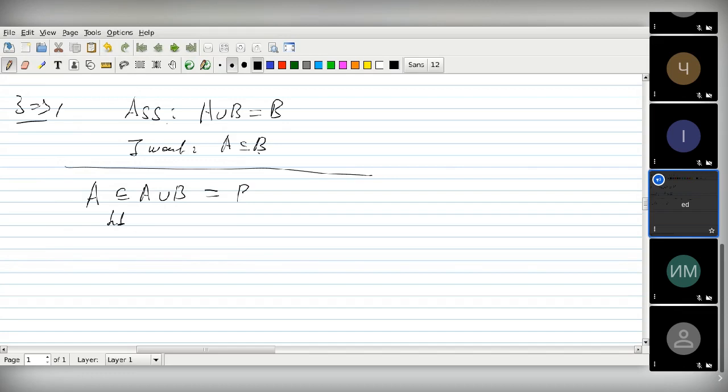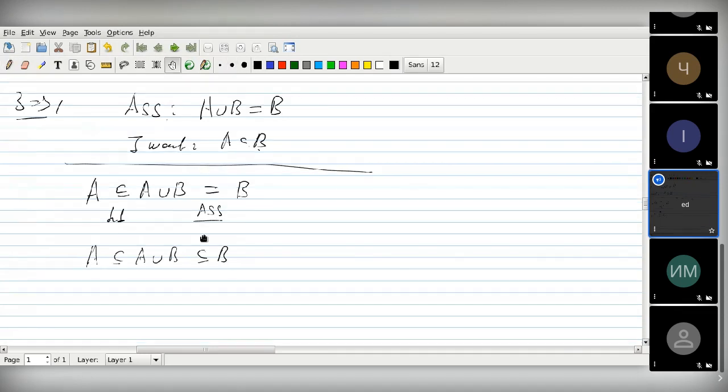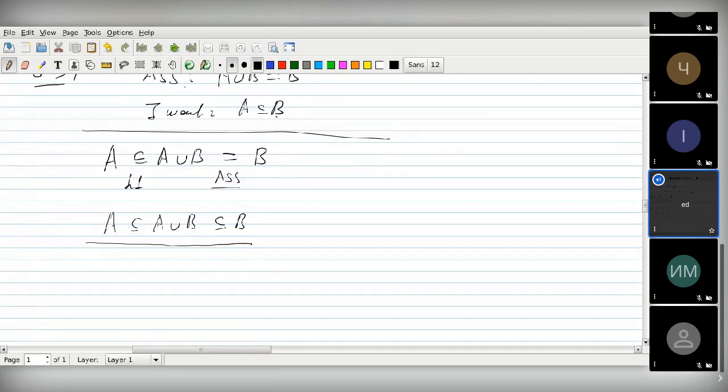The union equals B by our assumption. And of course, if it equals B, it is a subset of B. But inclusion is transitive if we have proved it. If X is a subset of Y and Y is a subset of Z, then of course X is a subset of Z. That's it. A is a subset of B.